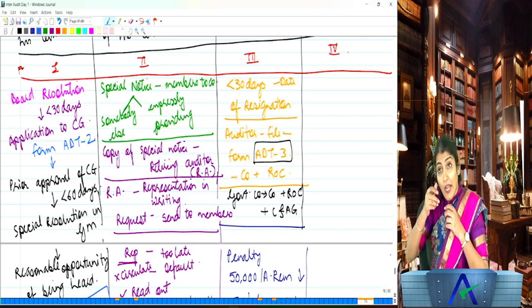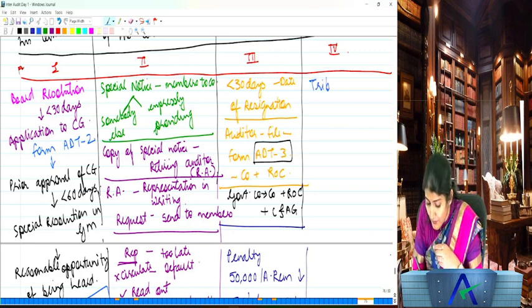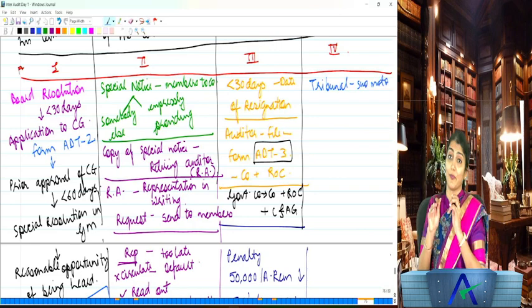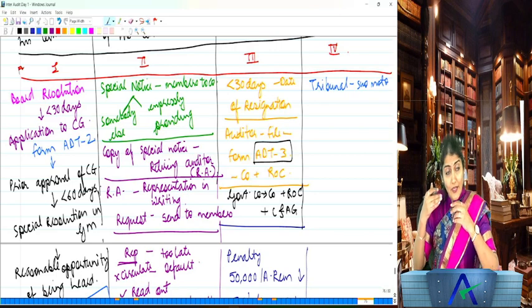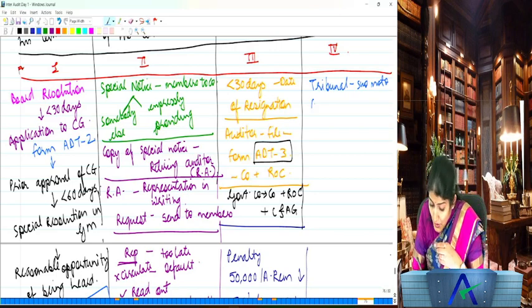When can the tribunal or the CG come into the picture? It says the tribunal either suo moto. What is suo moto? Suo moto, on its own. The tribunal either on its own, suo moto, or based on an application received from the central government or any person concerned.